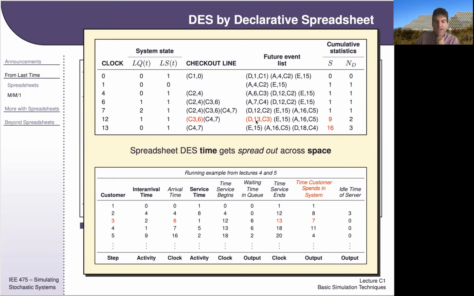So 13 minus 6 gives me the 7 minutes. And if I look at my cumulative statistics, when customer 3 left at time 13, this service accumulator did increase by 7. So it all matches up. You can keep doing that all the way through, so it's possible to check all of your hand simulation by building a spreadsheet simulation like this.